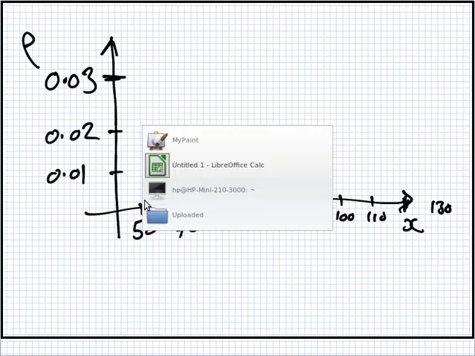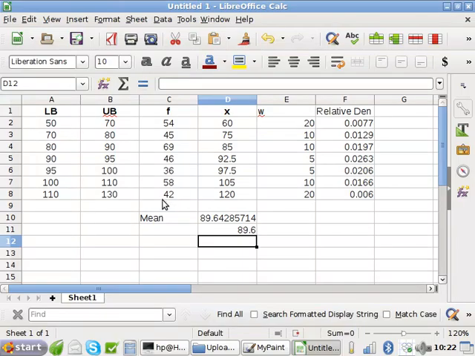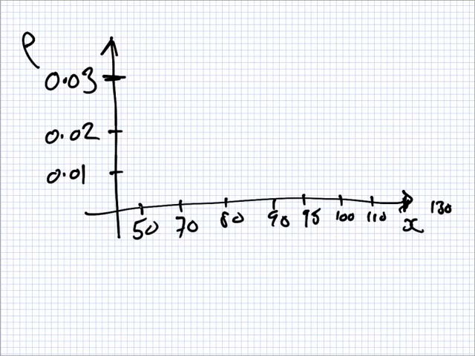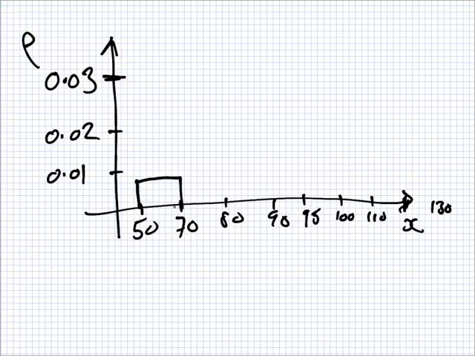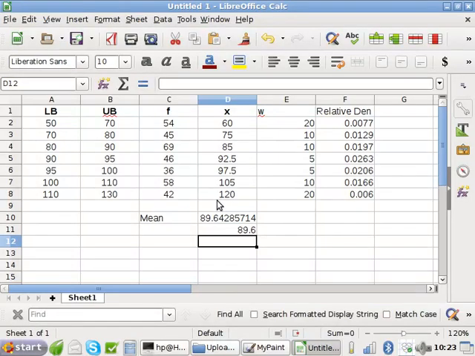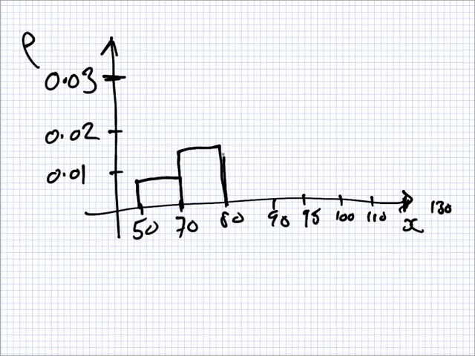What's the first height? 0.0077. Okay, so that would be around about here. The next height is 0.0129. So that would be about to here. The next one is 0.01927. So that's nearly at the next one.